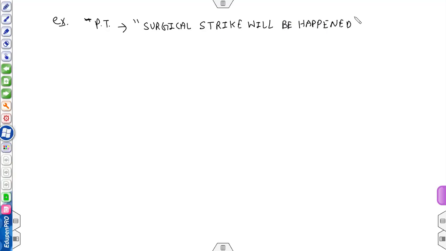So for example, I am considering the plain text, suppose, surgical strike will be happened. Suppose this is the message or the plain text that we have to transmit.